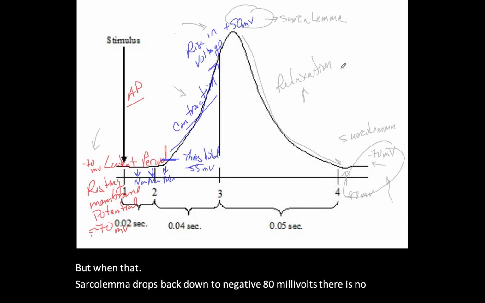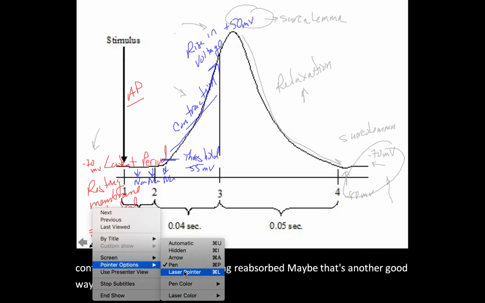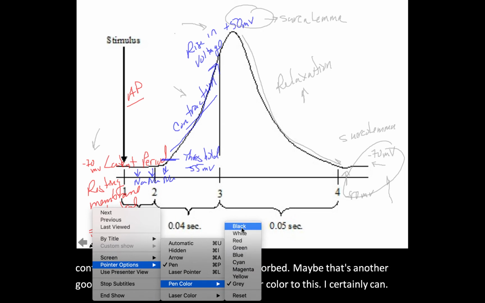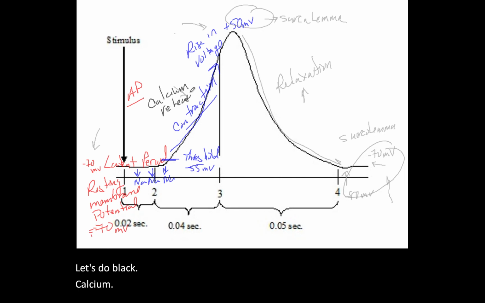And so calcium is being reabsorbed. Maybe that's another good way to look at that. Can I add another color to this? I certainly can. Let's do black. Calcium release. Calcium reabsorption.